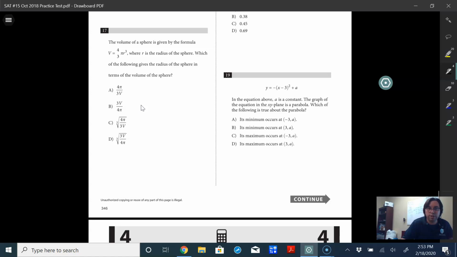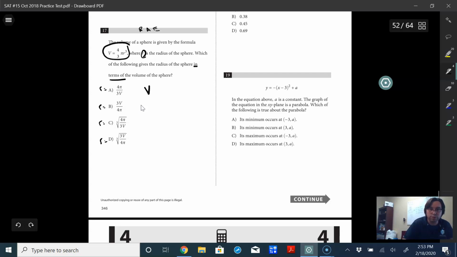So here we have this equation being given to us, and we notice the language of rewriting an algebraic expression. We're writing it from V to where it's now in R. So all of these are going to be R equals, and we're trying to isolate that R. So let's rewrite the expression.